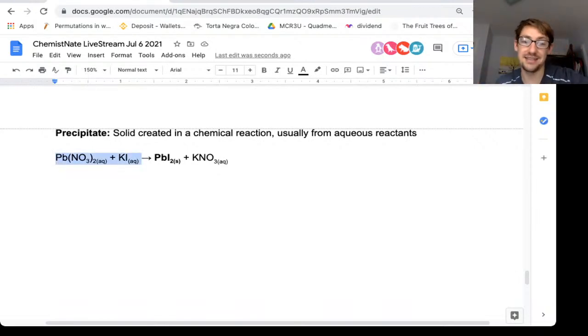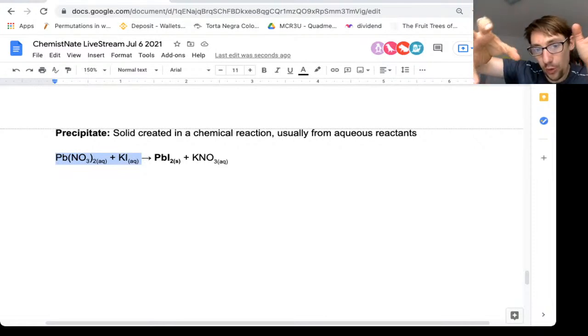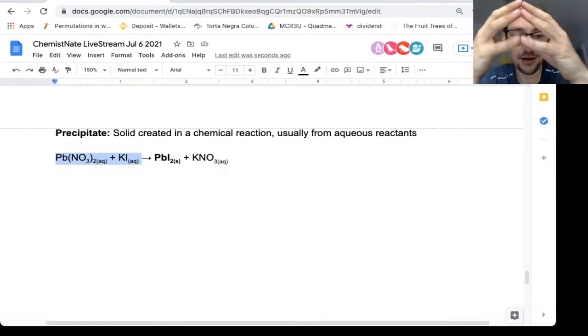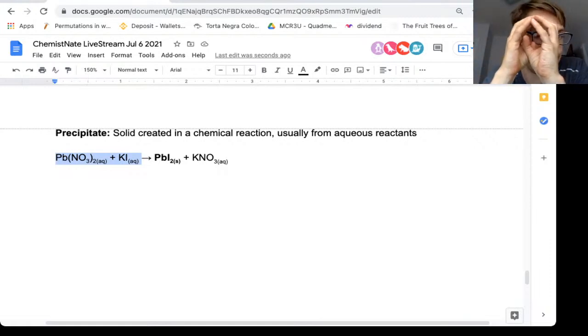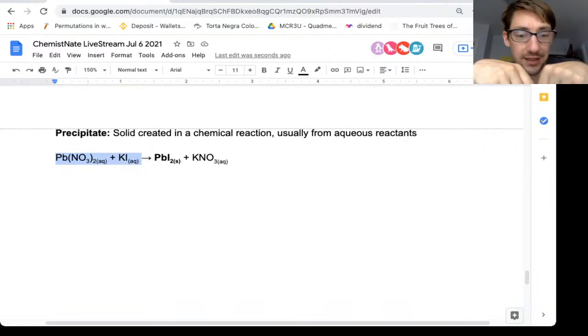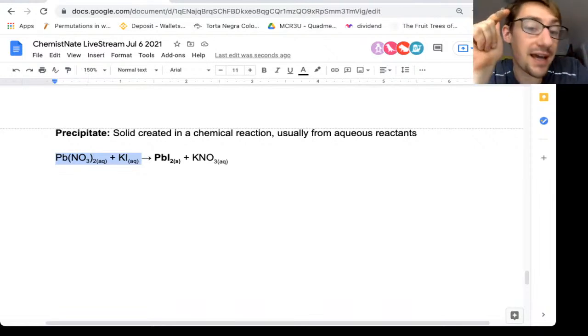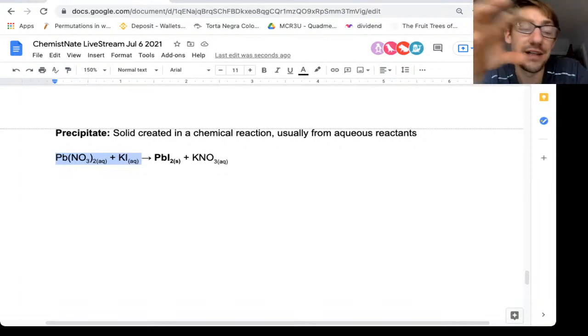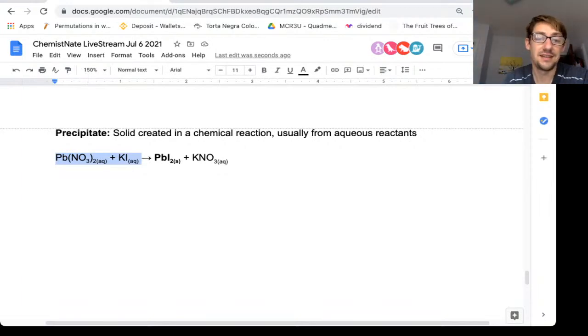Get the limiting reactant, figure out how much PbI2 is made, but then if you poured that mixture over a funnel with filter paper, all of the water and KNO3 that's dissolved in the water go through the funnel and filter paper, but the PbI2 is left over. It's solid, it doesn't dissolve, it's what's left. And so it's the thing that in the lab is the easiest thing to measure of this chemical reaction.